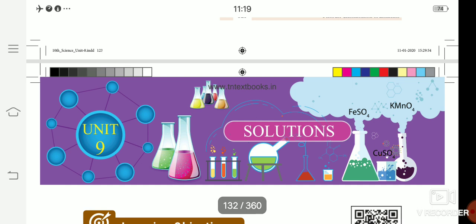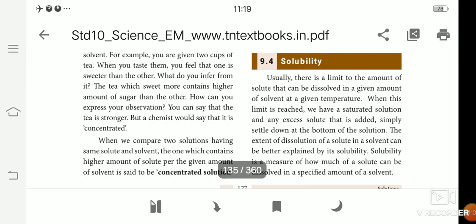Now we are going to study solubility. What is the solubility of a solution, and how do we calculate it? Solubility is a measure of how much of a solute can be dissolved in a specific amount of a solvent.